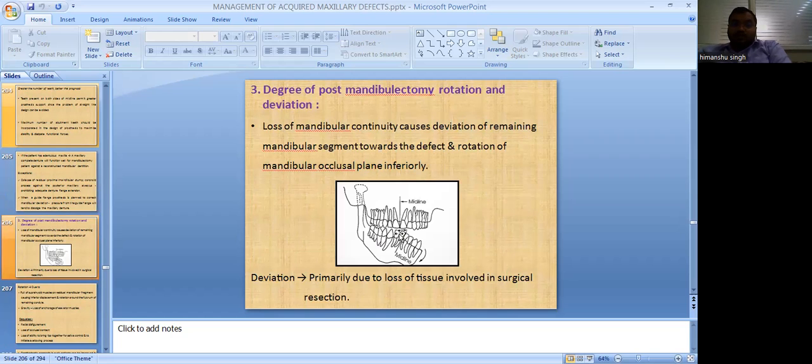Degree of post-mandibulectomy rotation and deviation. Loss of mandibular continuity causes deviation of the remaining mandibular segment towards the defect and rotation of mandibular occlusal plane inferior. Deviation primarily due to loss of tissue involved in surgical dissection.